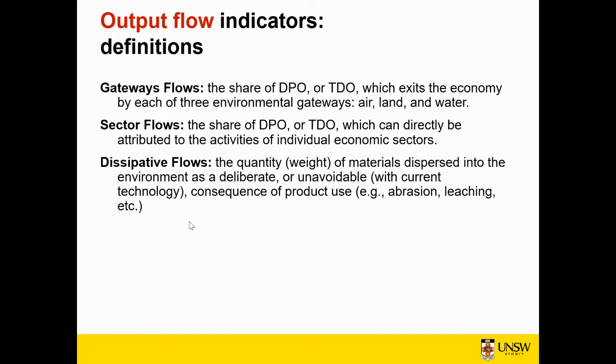So all these flows happen during either the economic activity itself or the use of the product, but they are somewhat unavoidable. So it's not a flow that you can take control of. They happen in a very diffuse way. Erosion will be another one, or leaching of nutrients in agriculture will be another one. So these are examples of dissipative flows.